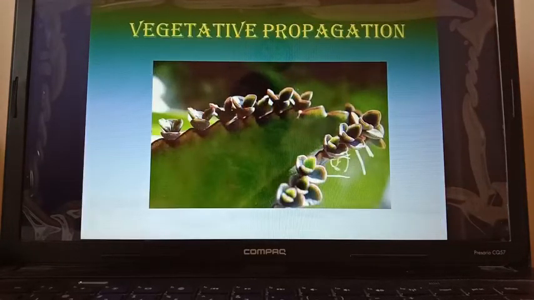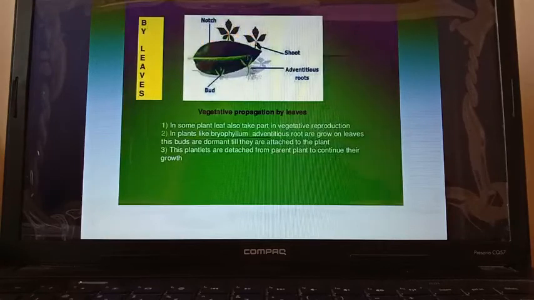Now the last modification of leaf is vegetative propagation. I already told you a little bit in the last class. Vegetative propagation means formation of new plants from the vegetative parts of the plant. Here this is the leaf.